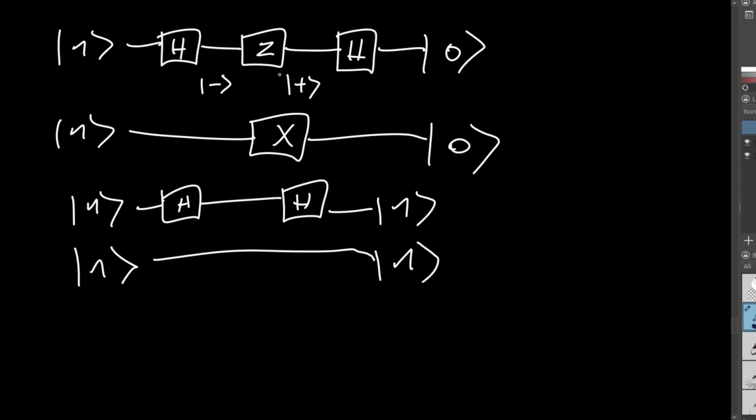But with this we can show that we can actually hold information in a phase, because at this point, if we measure here or we measure here, it's the same thing. It's going to be 50-50, 1 or 0. But if we apply a Hadamard gate, then we see that it actually matters if it's minus or plus. So it matters if we measure before or after.